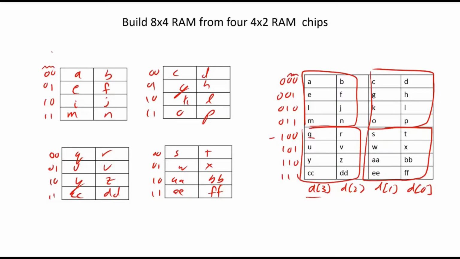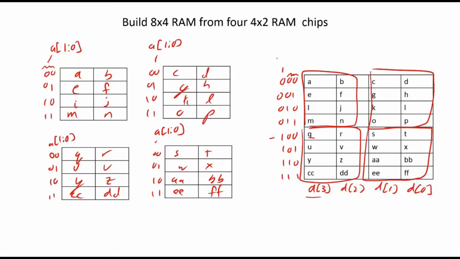And so I know that to access the correct address on each of these, I'm going to need to use address bits 1 down to 0 to access the right address in each of these locations. And same thing here, those match as well. So these are going to be address bits 1 down to 0, address bits 1 down to 0, and address bits 1 down to 0.